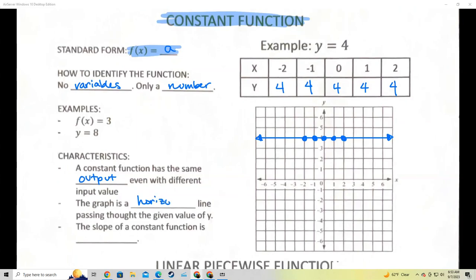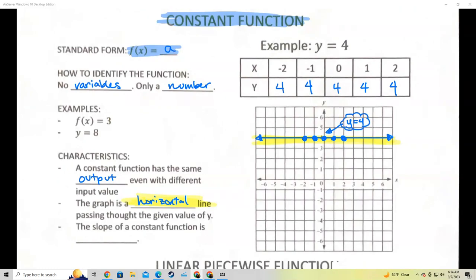And because that describes its shape, then this is the one I'm going to highlight in yellow. I know that these kind of constant functions have horizontal lines, which is exactly what I have here. And I just want you to note that it passes through right here where y is equal to 4.